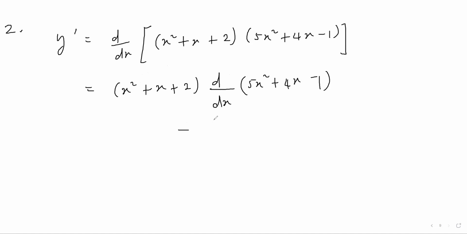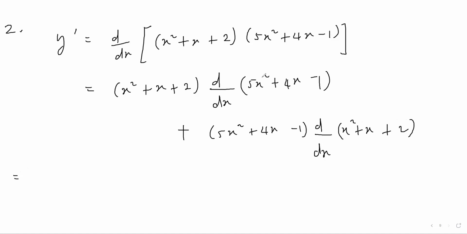And then you're going to add 5x squared plus 4x minus 1 multiplied by the derivative with respect to x of x squared plus x plus 2.